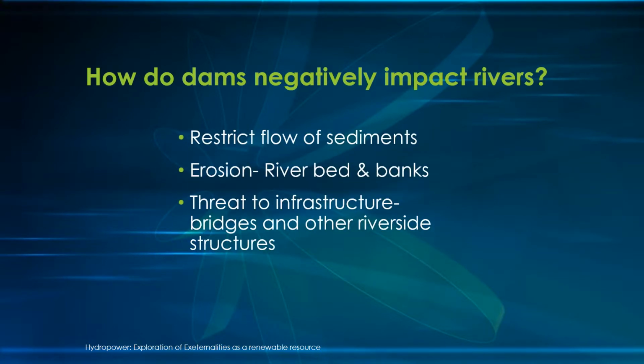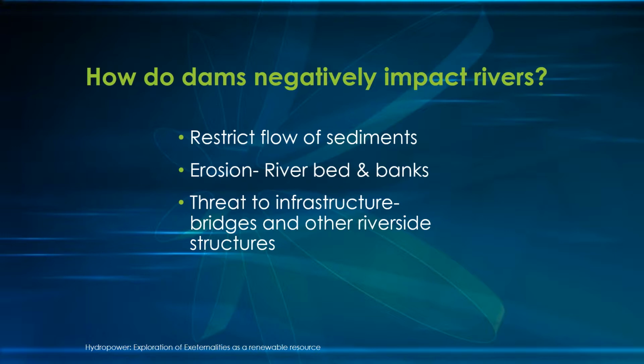Now I want to talk about the negative externalities directly associated with the river being dammed. A river is not just a body of water that meanders through the countryside. Rivers are extensive ecosystems that provide life to not only those organisms that live in the river, but also those organisms that live along or near the river. When you change the flow of a river, there are significant implications. Damming a river can restrict the flow of sediments from moving downstream.